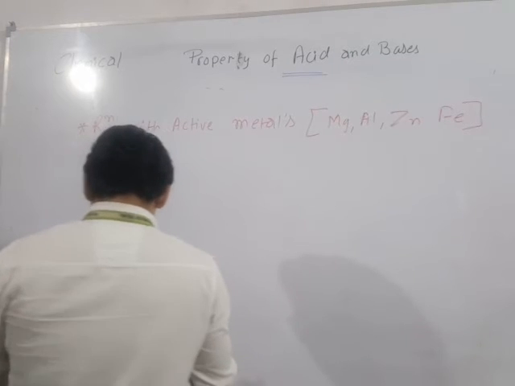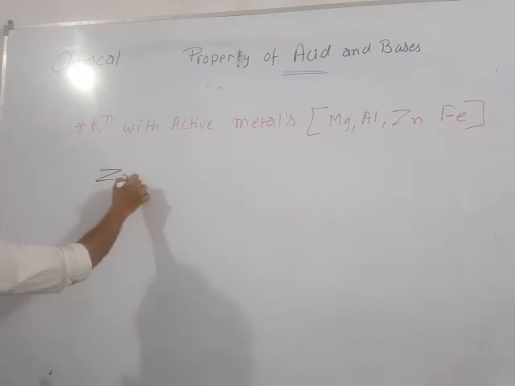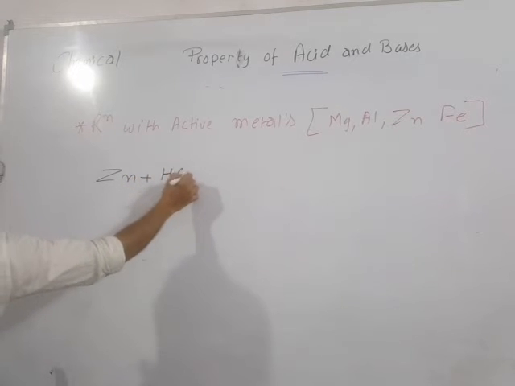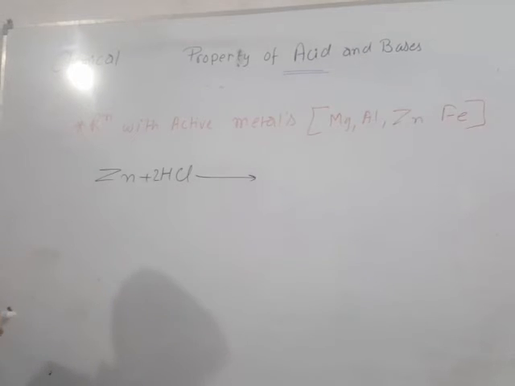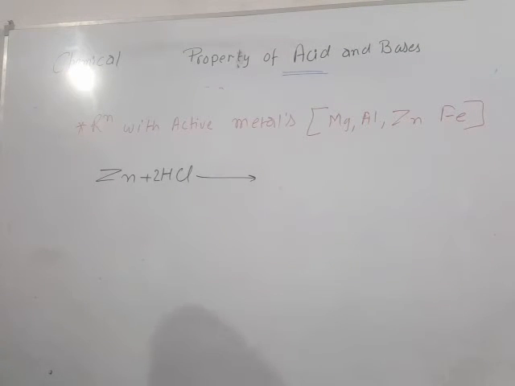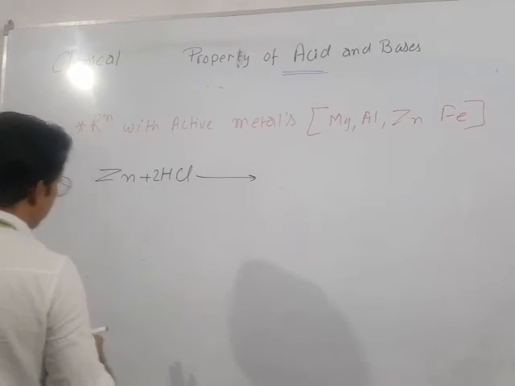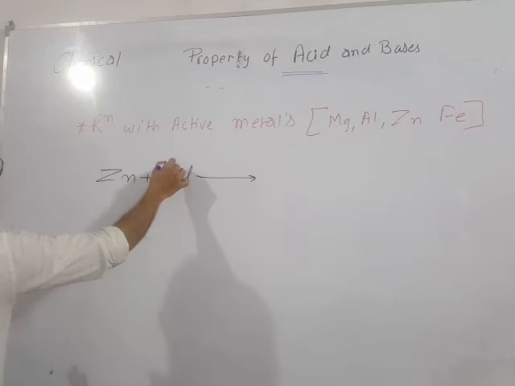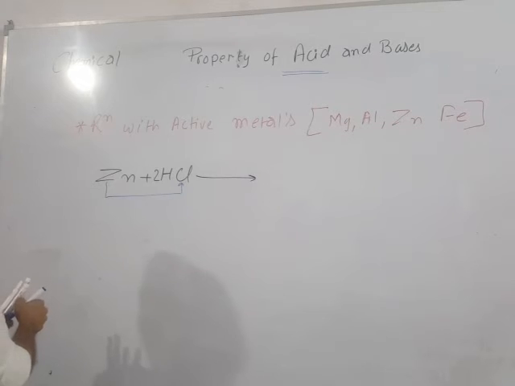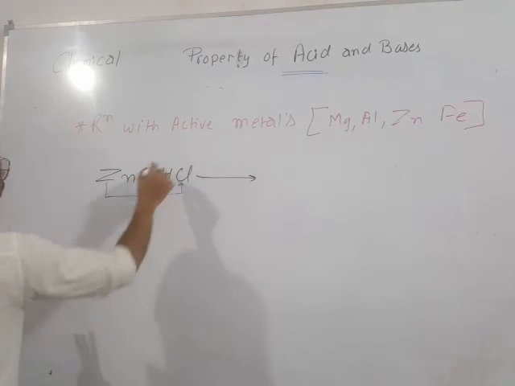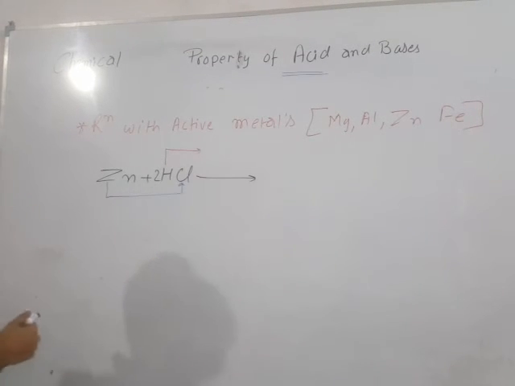Okay, so here the example: when zinc reacts with HCl, what is formed? What is the product? Very good. Here you can see that ZnCl2 plus H2 is eliminated.